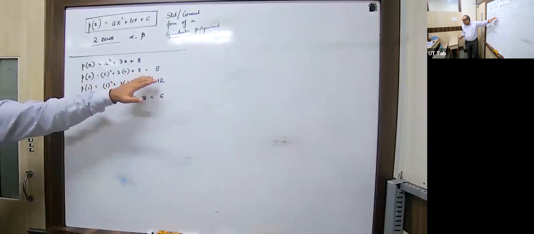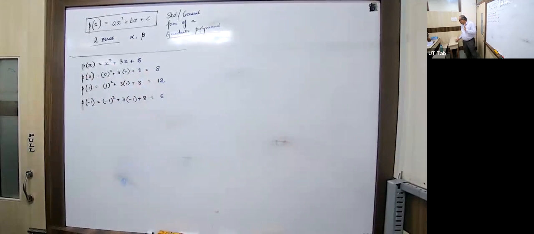This is called the value of the polynomial. The value of a polynomial is never fixed. It keeps on changing depending on the value of x. For different values of x, I will get different values of the polynomial.